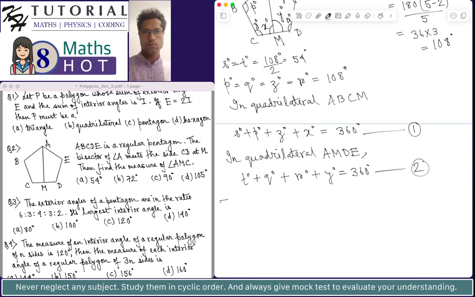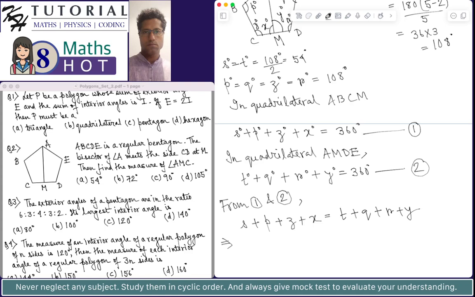So from equation 1 and 2, we can say that S, ignoring the degree and just considering the values of the measures of the angles, S plus P plus Z plus X should be equal to T plus Q plus R plus Y.